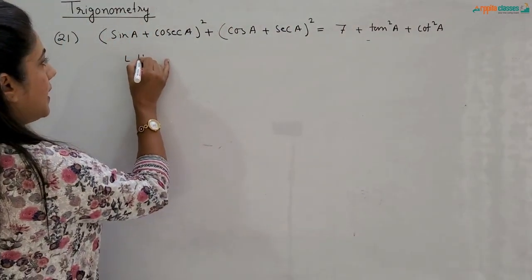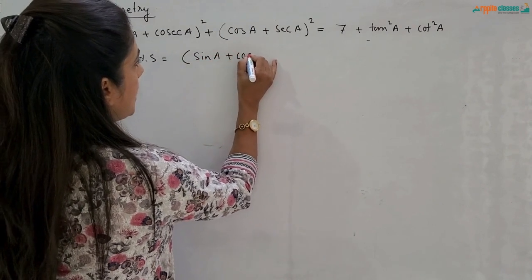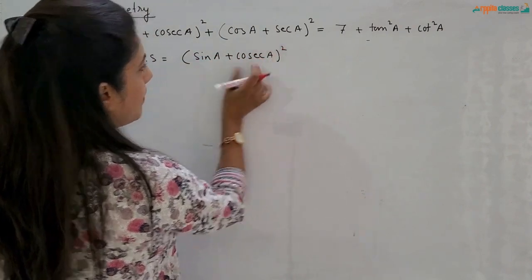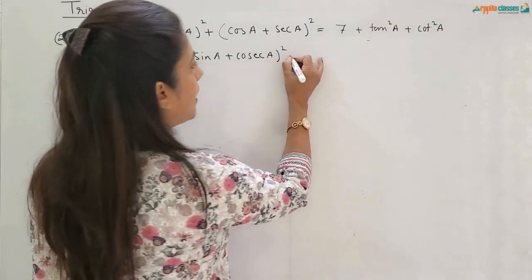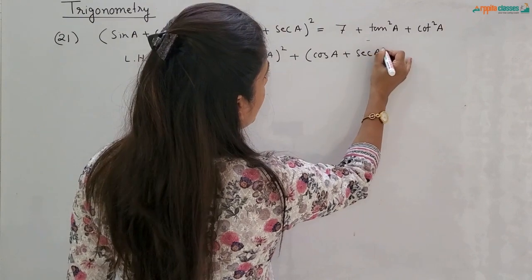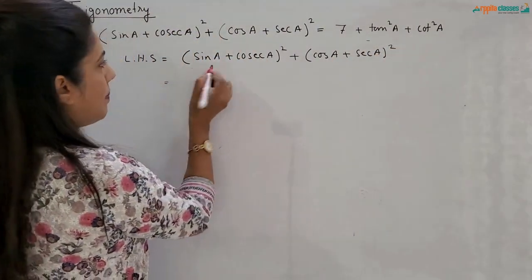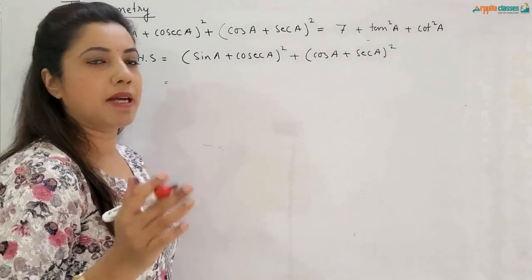So let us take the left hand side. In the left hand side we have (sin A plus cosec A) whole square. This is given in the form of (A plus B) whole square. Plus this is also (cos A plus sec A) whole square. Even this is (A plus B) whole square. So we can expand this. A plus B whole square is A square plus 2AB plus B square.